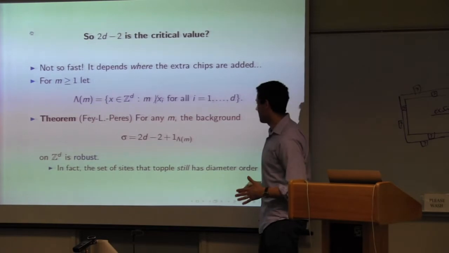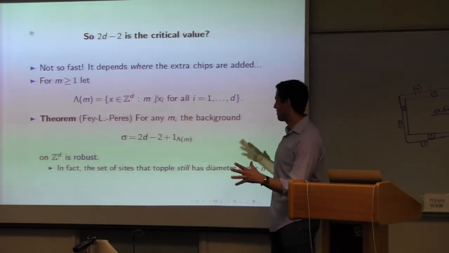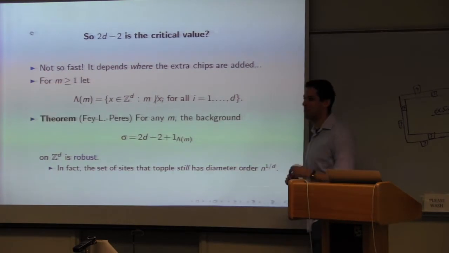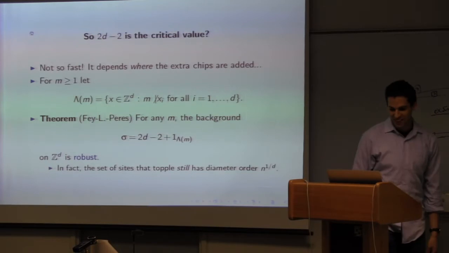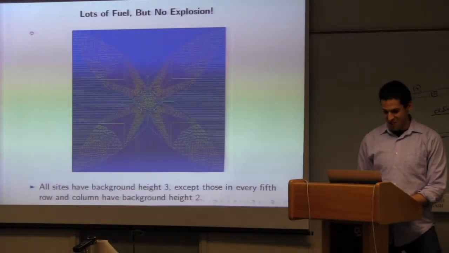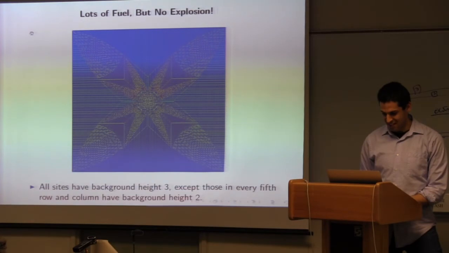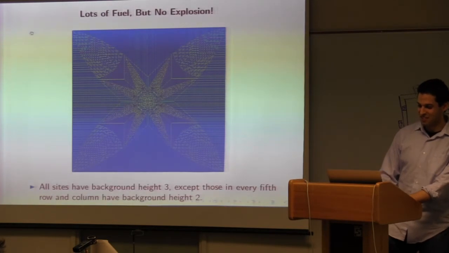If you make occasional bare strips that stop your forest fires from spreading, that's much more effective than if you just remove trees at random. Here's a picture of one of these backgrounds close to density 3, which is the highest stable density, but it's still robust.